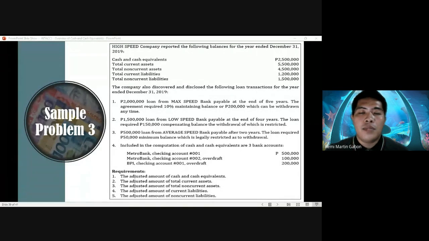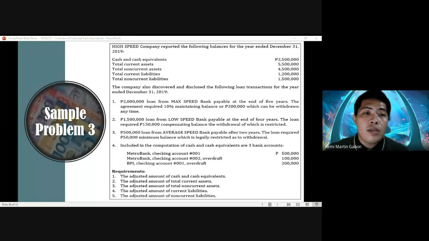Okay, not legally restricted. Next, 1,500,000 loan from low-speed bank payable at the end of 4 years. Another long-term loan. The loan required 150,000 compensating balance, the withdrawal of which is restricted. So long-term loan, tapos legally restricted ang compensating balance.